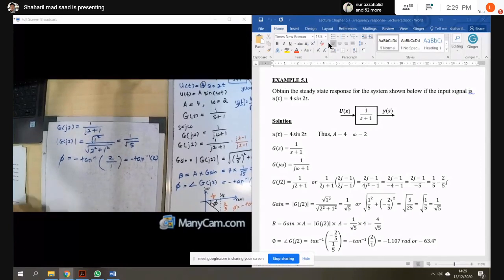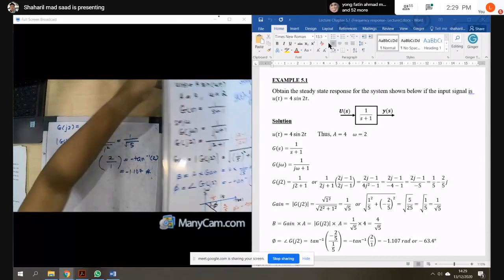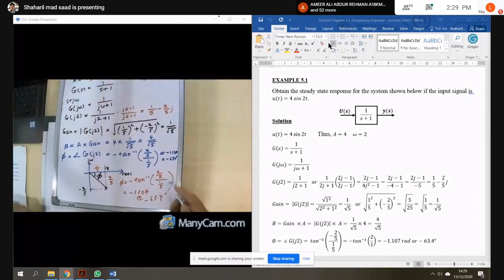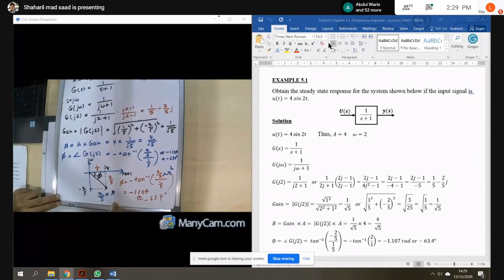So now you get minus 1.107. It's the same thing with this one: 2 over 5 times 5 over 1, cancel out, you will get 2. So it becomes minus inverse tangent 2.